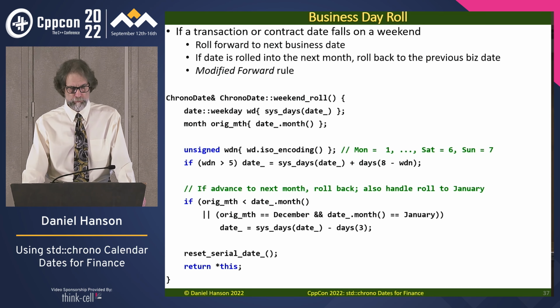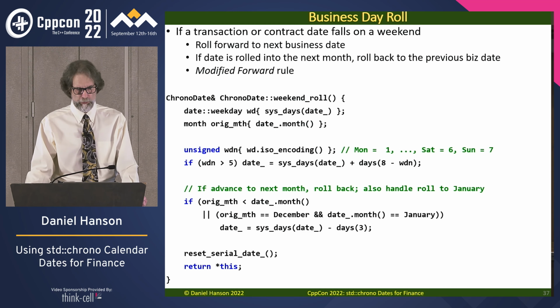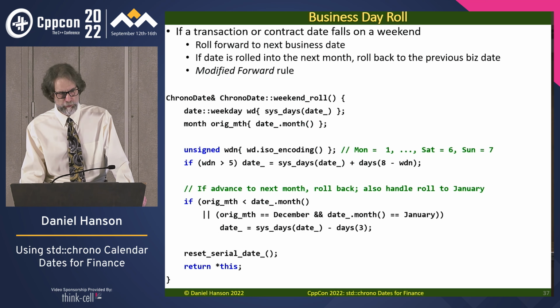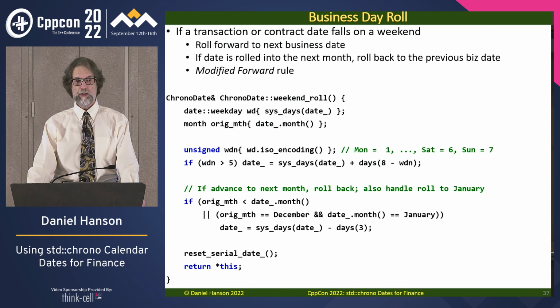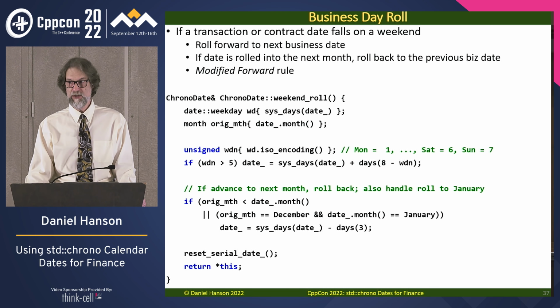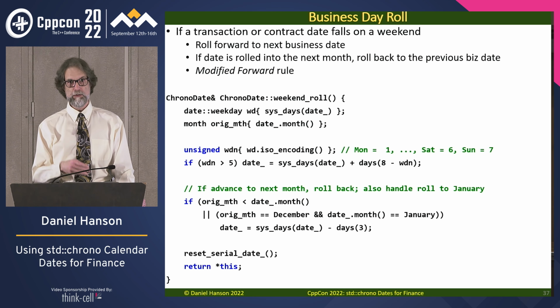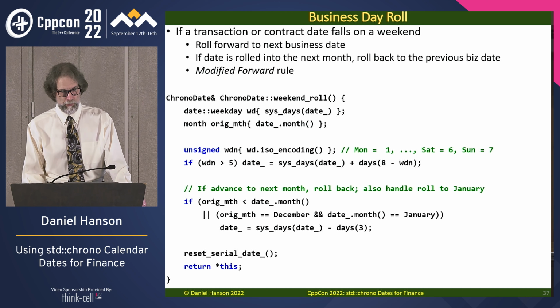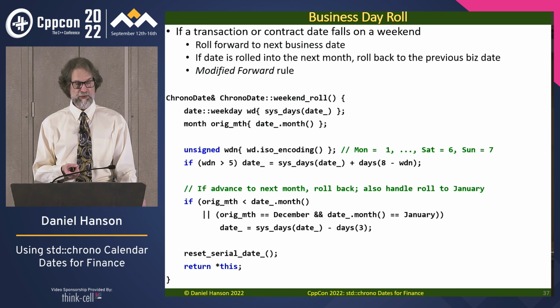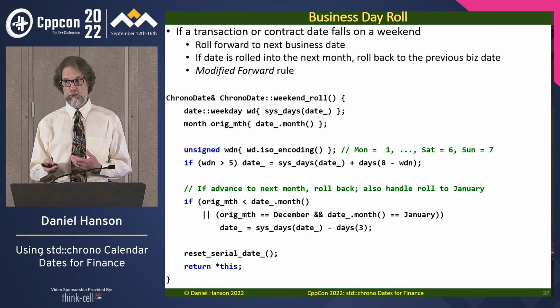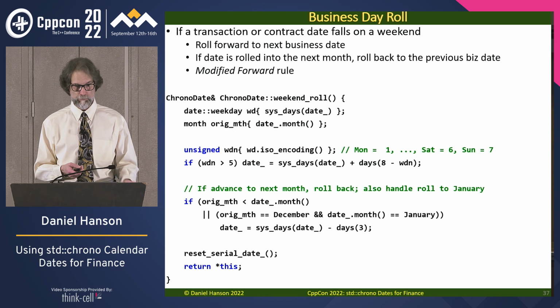So here, we're going to use another class in std chrono called weekday. Now, this naming is maybe a little bit misleading. That does not mean weekday as in Monday, Tuesday through Friday. What it means is day of the week. We'll also want to store the original month because we want to check whether we roll into the next month or not.